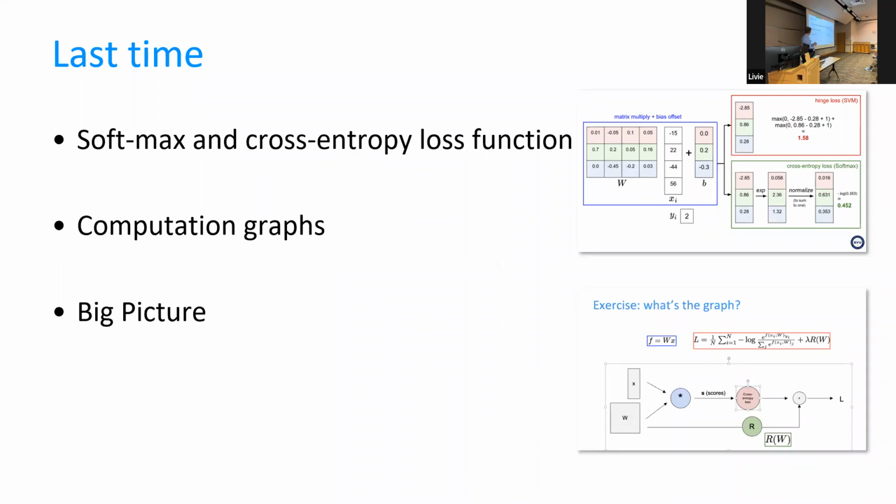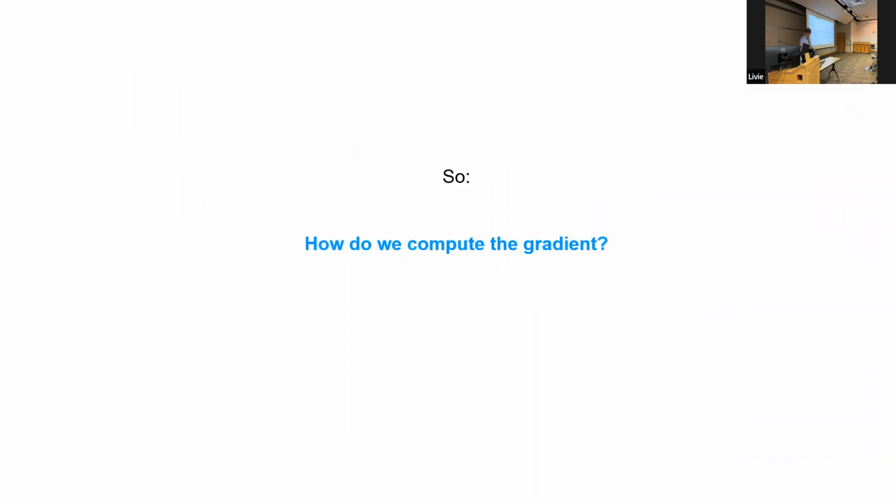So today we're going to, this is actually wrong. We're going to look at computation graphs today. Last time we also looked at the big picture: we get our data, we have our neural network, we come up with a loss function, and then we use gradient descent to minimize that loss function. So today is about how do we compute the gradient.